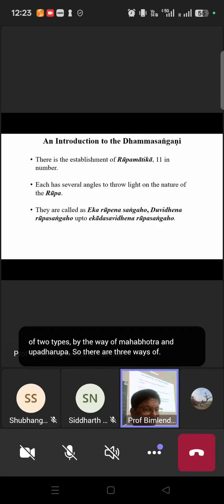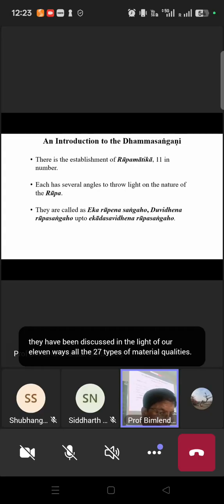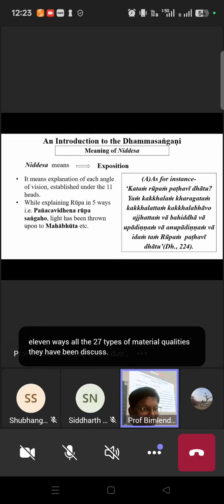So they have been discussed in the light of our 11 ways. All the 27 types of material qualities have been discussed there. So here, as for example, how in the Nirdesana the Rupa has been enumerated, or the terms related with our Panchvidhina Rupa Sangho, like has been shown on the Mahabhut.